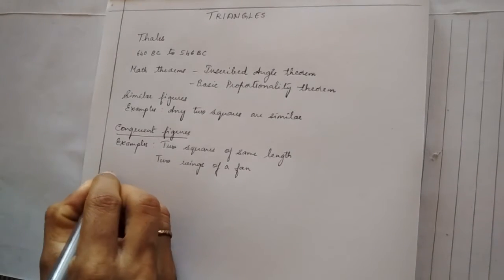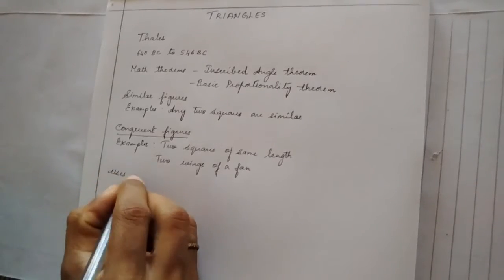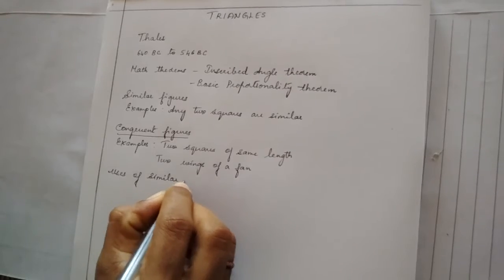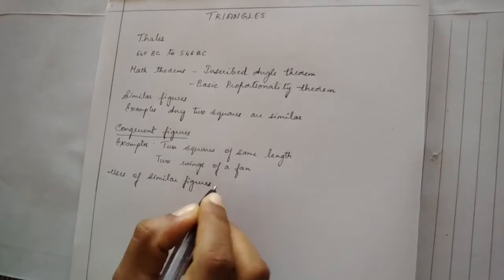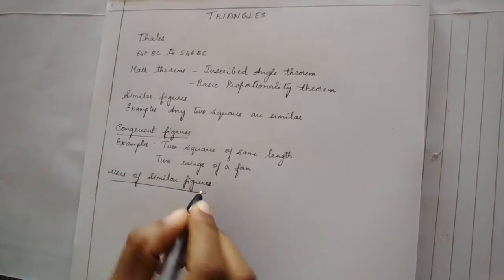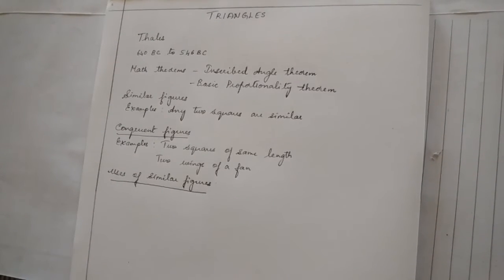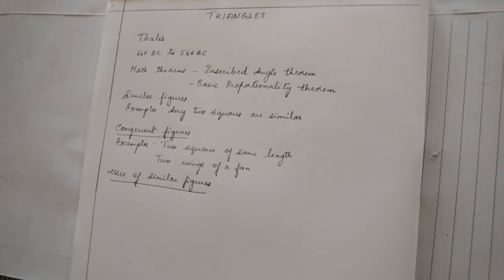Let us move on to the uses of similar figures. Similarity of figures are used to measure the heights of mountains, heights of the trees, heights of the pyramids, as well as the width of the river.